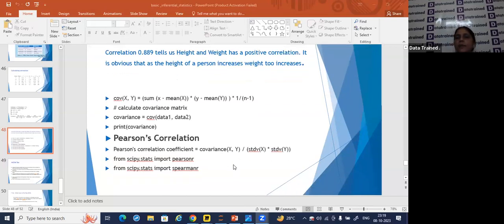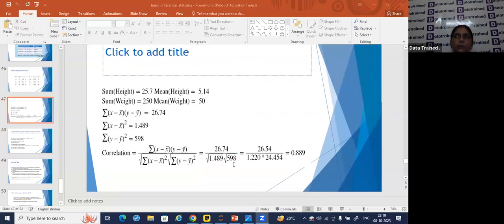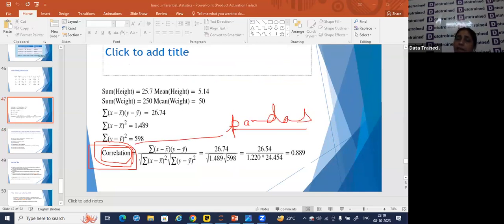But there is one more very easy library to calculate the correlation coefficient R. How can I do that? There is a very easy function inside pandas, and the entire formula calculation will be done.